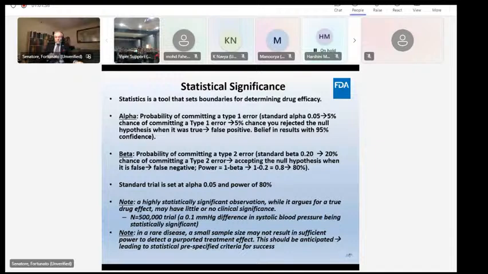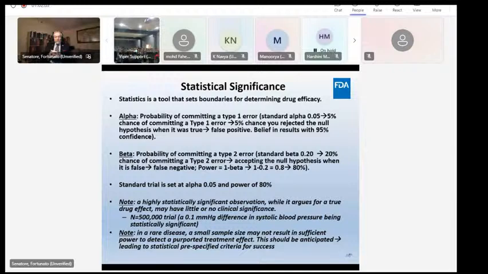If I want to be 99% sure, not 95% sure, setting alpha as 0.01 or 0.005, then that beta is going to be very, very high. So you're standing the chance of proving that a drug really doesn't work when it actually does.